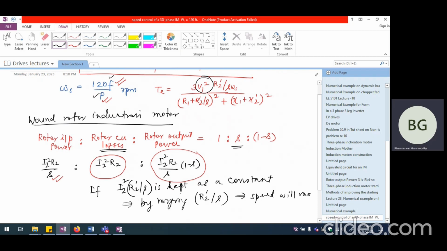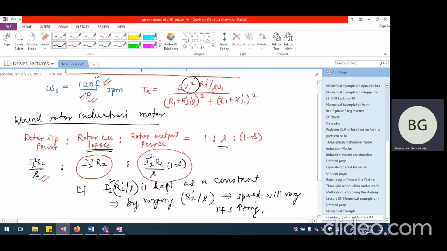If the slip is increasing because of increasing the rotor resistance, then we are going to have the speed decrease.